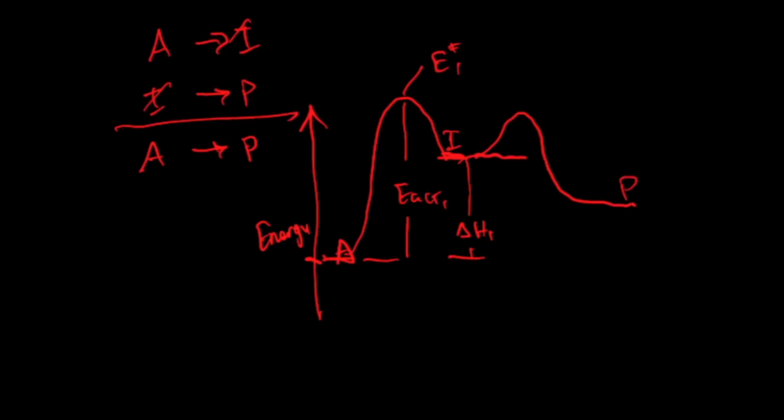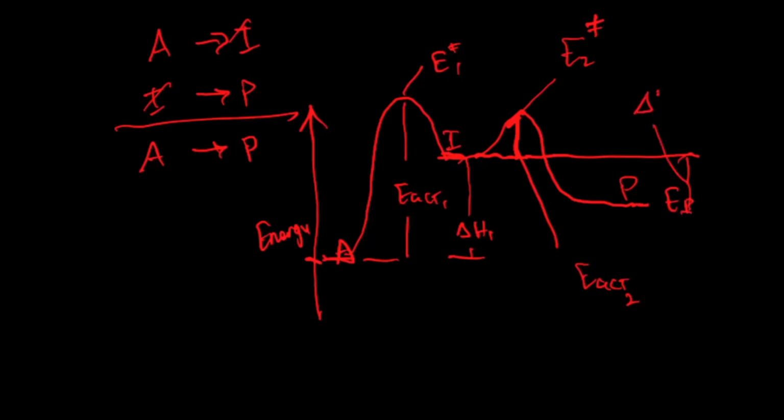This difference right here would be activation energy 2, because that's your second step. It's that mount that you have to climb. This is transition state 2, because it's the morphing of the intermediate to product. This right here would be the energy of the product, and this difference right here would be delta H2.